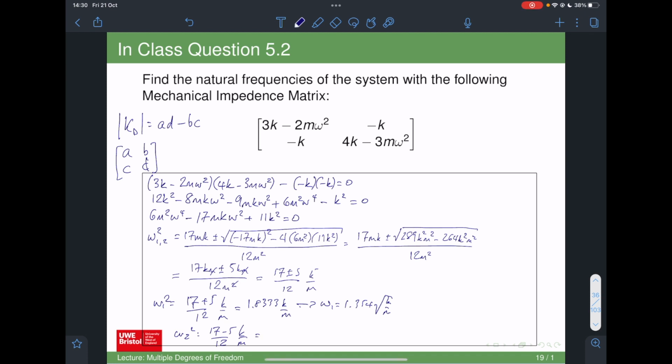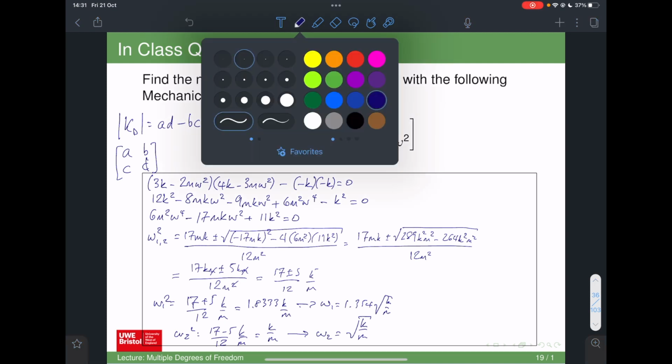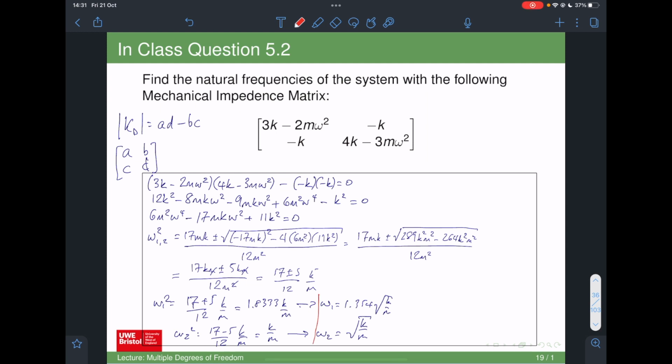Well, 17 minus 5 is 12, so that's just k upon m. And so omega 2 is simply root k upon m. So those two are my natural frequencies, or the eigen. So these are the eigenvalues of my problem. Okay. And those are natural frequencies.